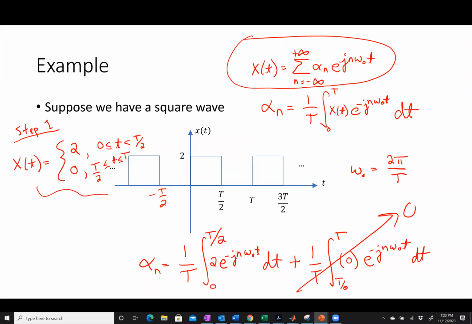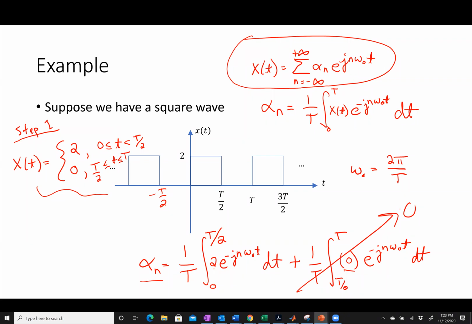And I set up this equation: alpha n is 1 over T times the integral from 0 to T. I put in the equation for the waveform that applies from 0 to T over 2, and then the equation for the waveform that applies from T over 2 to T. What you see from that is that the second part of that equation went away.